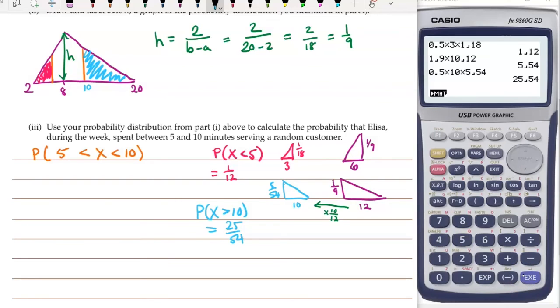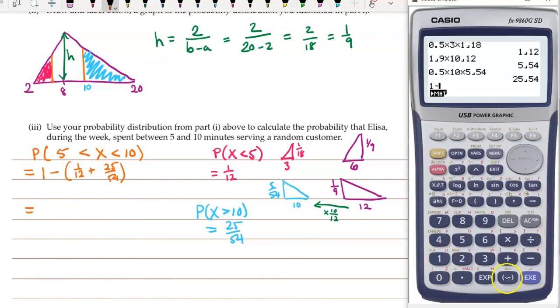Okay, now we can carry on and work out this orange piece in between that we were trying to get originally. So the probability that x is between 5 and 10 will be 1 take off the pink piece and the blue piece. So that's 1 minus 1/12 and take off the 25 over 54.